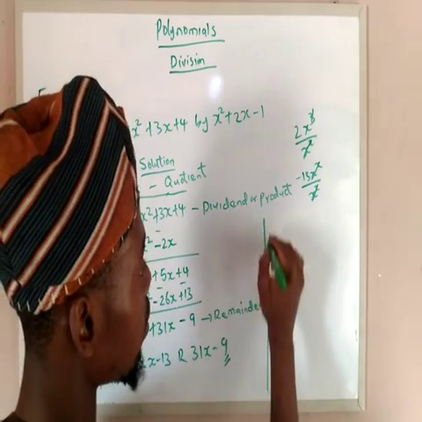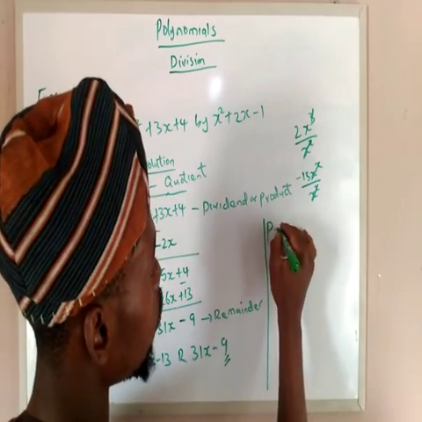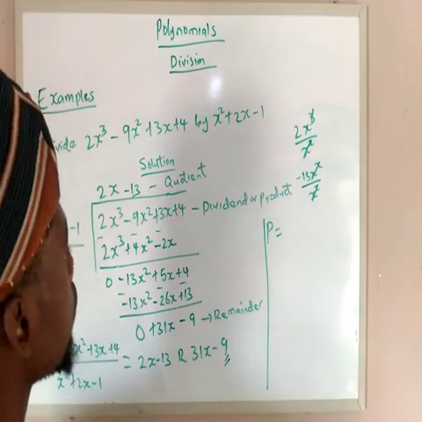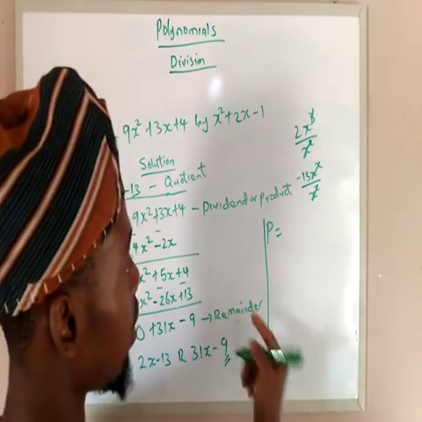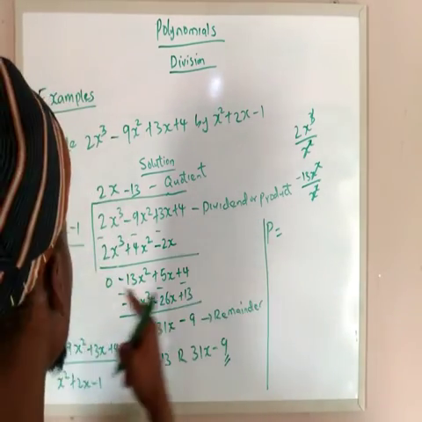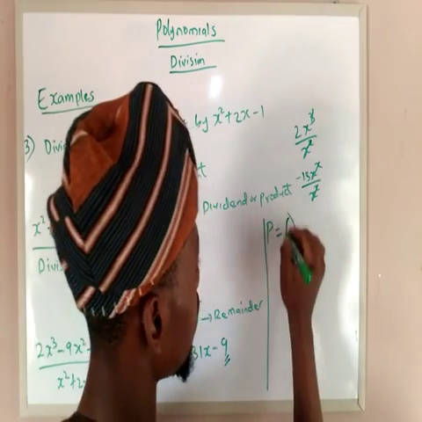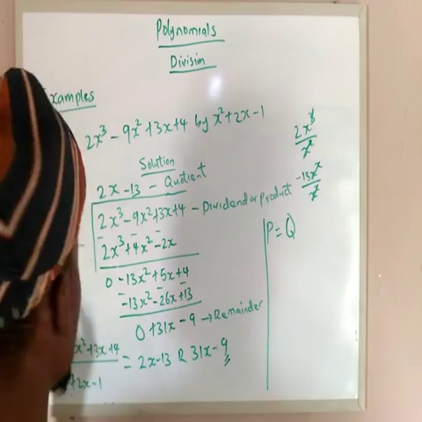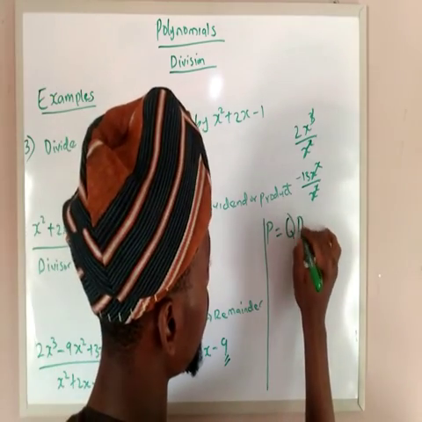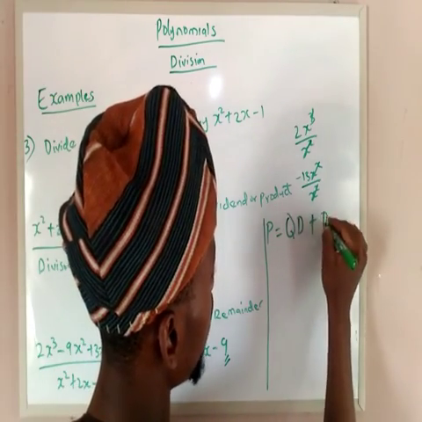And again, our product, or we call this dividend, will be equal to the quotient multiplied by the divisor plus the remainder.